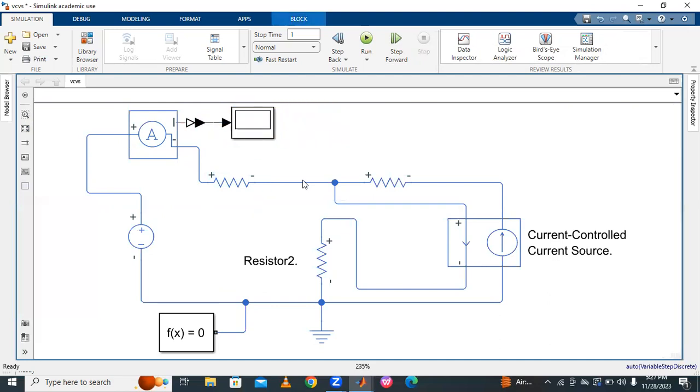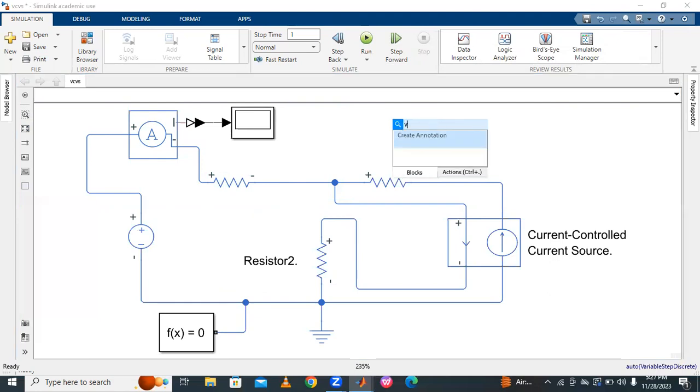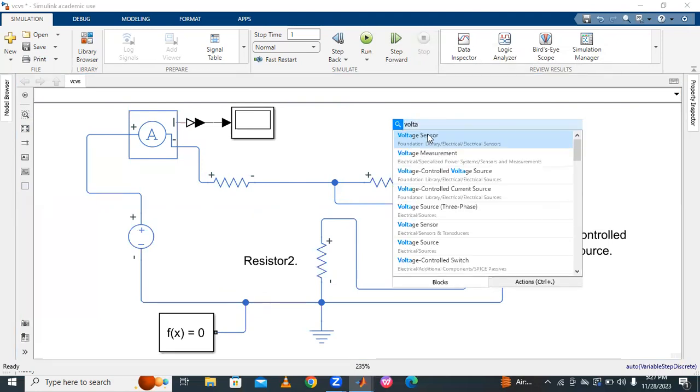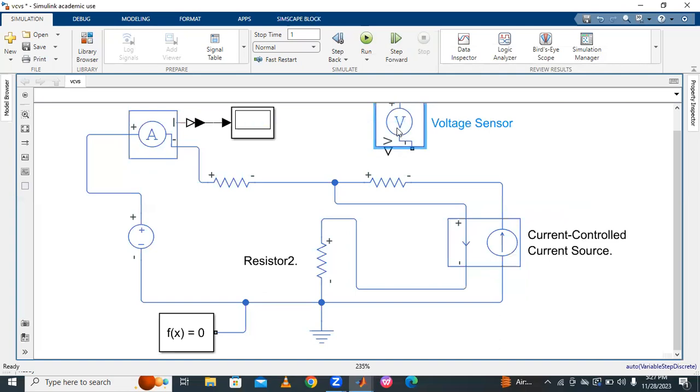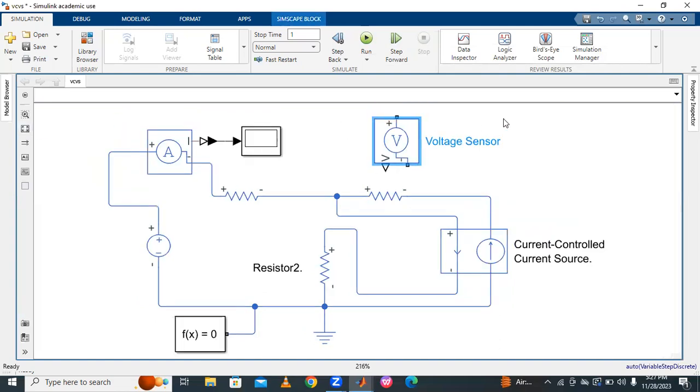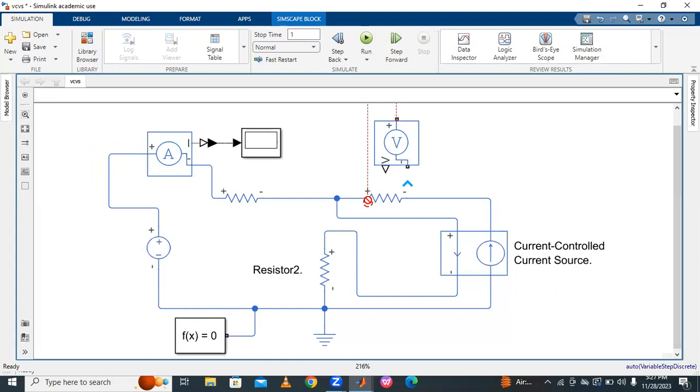So this measures the current. Then take one voltage sensor to measure the voltage across this branch, for example. Connect the positive terminal here and the negative terminal here. This is called a voltmeter.